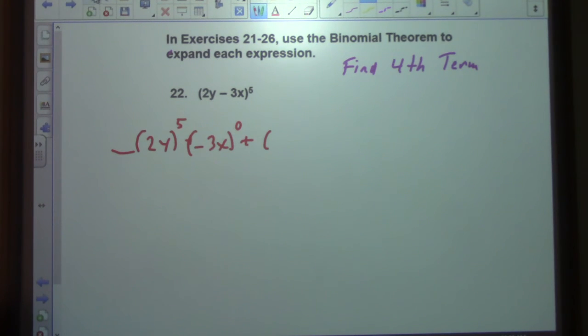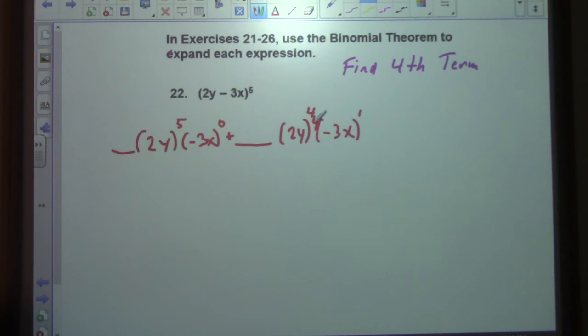Is it plus or minus? It'll be plus, I'm going to explain why. But I'm glad Ben mentioned it, because Ben is thinking around corners. That's pretty good. Plus we have something 2y to the fourth power, and then we have negative 3x to the first power.